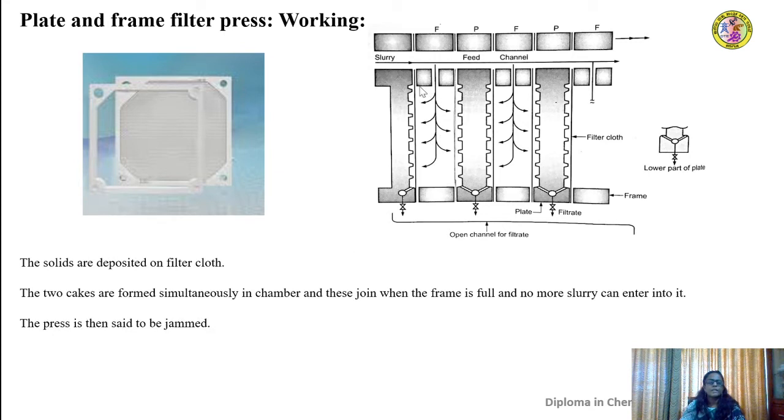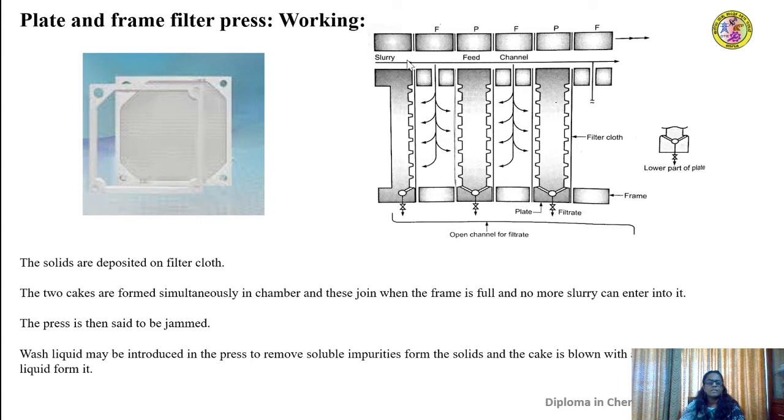When the two cakes build up to the level of the other cake, then the two will join, thereby occupying the entire chamber as a filter cake. So when the entire space inside a chamber is filled with the filter cake, we say that the filter is jammed.